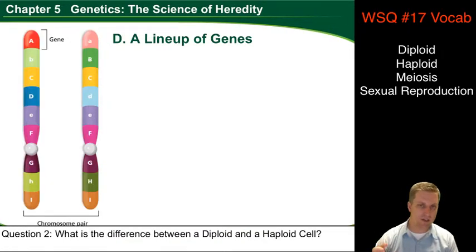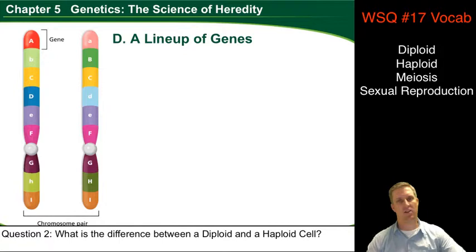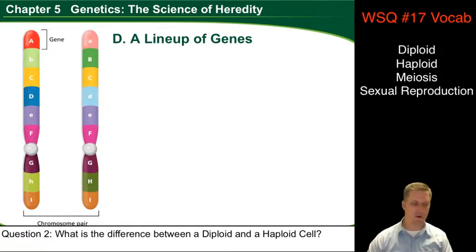So the last thing we're going to talk about is the lineup of genes. We need to understand that each body cell in the human body, not including gametes or sex cells, has 46 chromosomes, 23 chromosome pairs from mom, 23 chromosome pairs from dad.